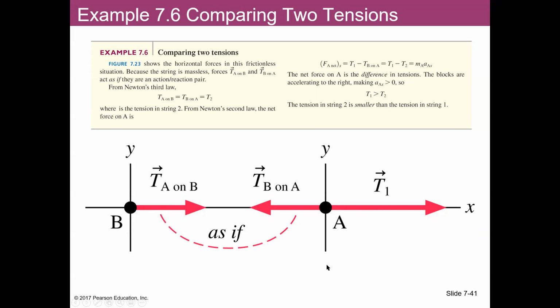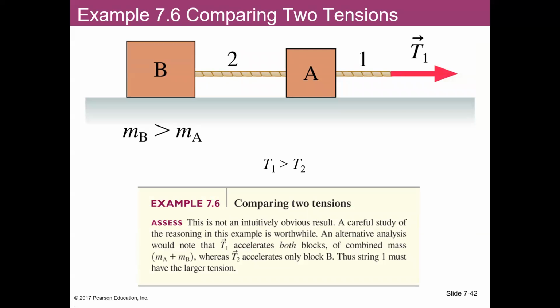So A has a smaller net force, B has a bigger net force, and yet they experience the same acceleration. Another conceptual thing. And then go through all those examples if you're not clear about it. So I'm going to move on.